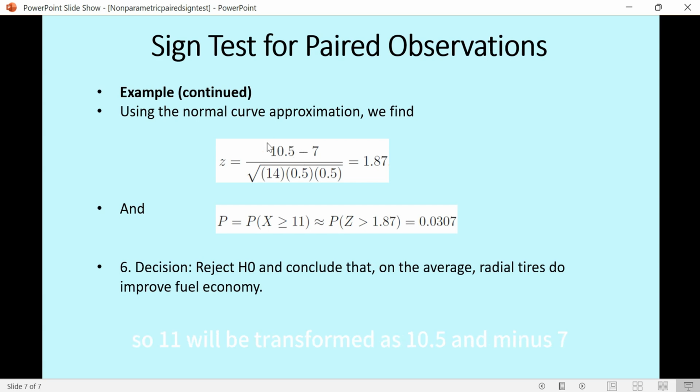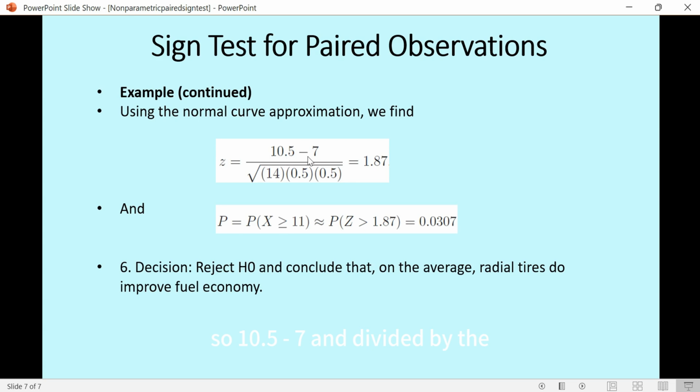So 11 is transformed to 10.5, minus 7, because 7 is the mean: in 14 trials, if there is a 50% chance for both positive and negative, the mean under the null hypothesis for the positive count is 7.